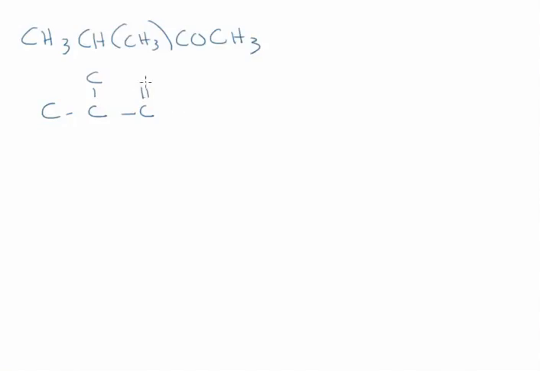We would say 3-methyl, because that's where our methyl group is. 2, it's a chain of 4, so it'd be butane. And we would change that to butanone. So we would say 3-methyl 2-butanone.